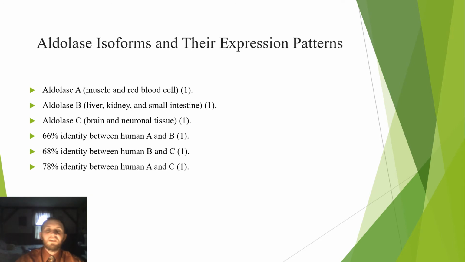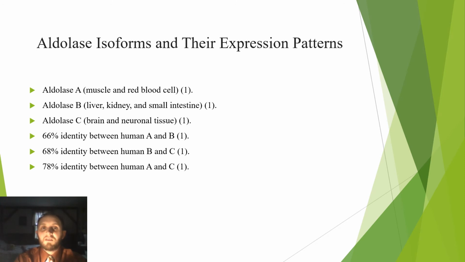Okay, so let's get a little more detail about the aldolase isoforms here. And they have their own unique expression patterns. One thing I find interesting about these is that each of these aldolases has a different role depending on the human body. And you can see here that aldolase A is expressed in the muscle and red blood cells.